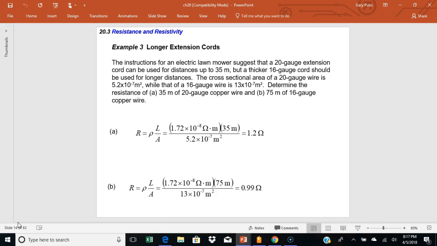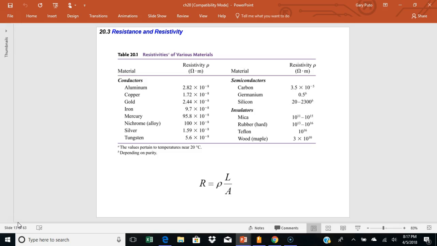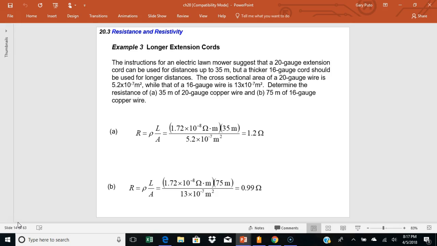So we want to determine the resistance of 35 meters of 20 gauge copper wire. Resistance is equal to the resistivity of copper wire, 1.72 times 10 to the minus 8, times the length of the copper wire, 35 meters, divided by the area, 5.2 times 10 to the minus 7.